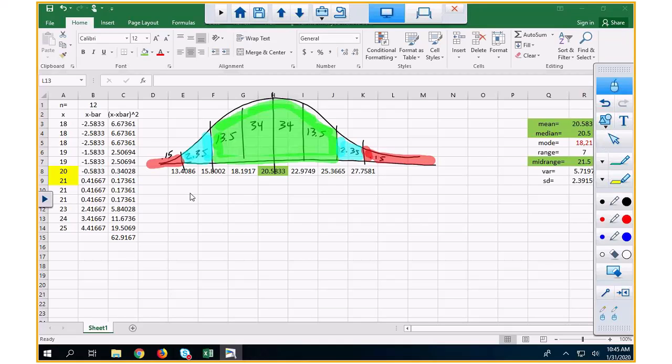So I'm going to go right here, and I'm going to put 5-number summary. And min, max, first, that's the first quartile.